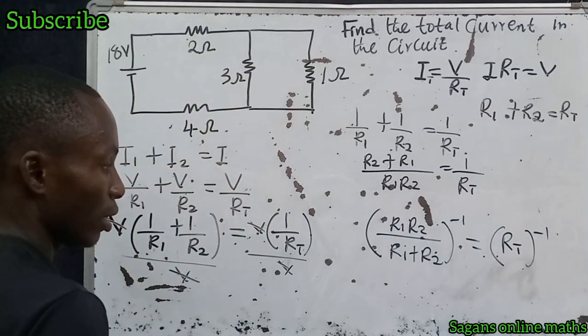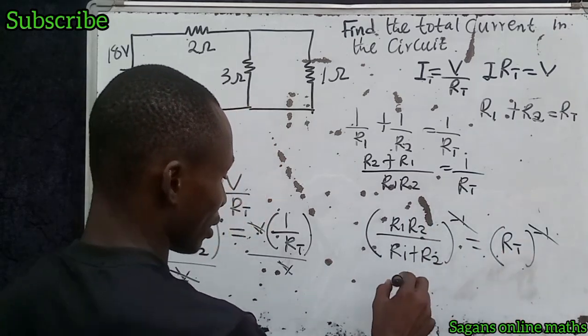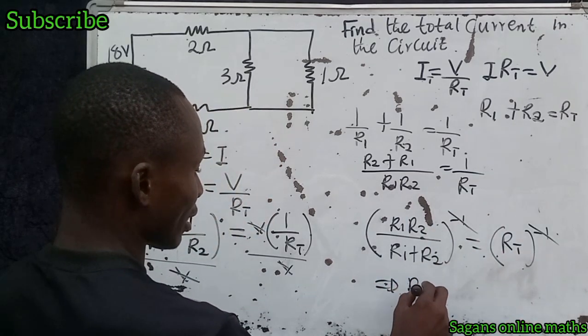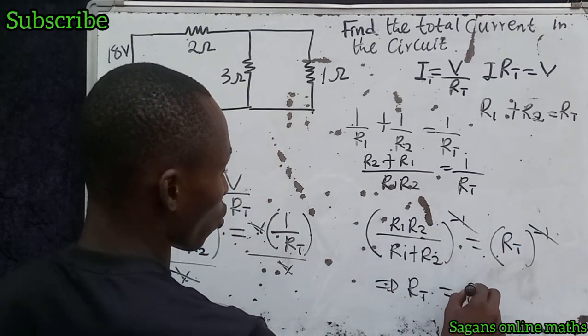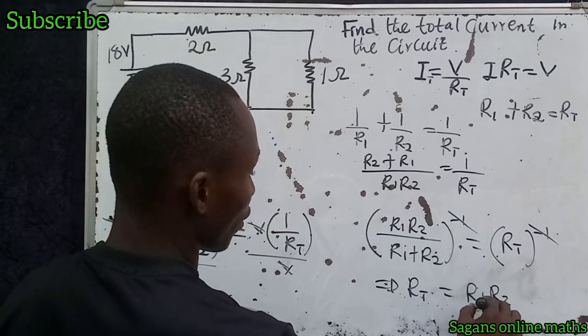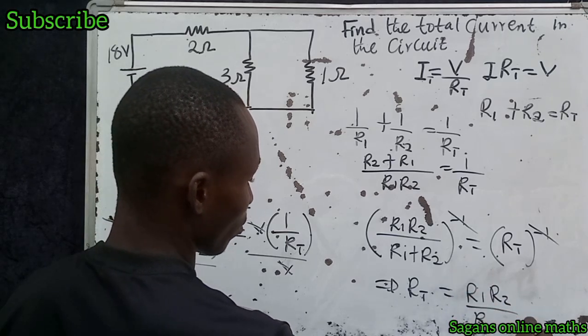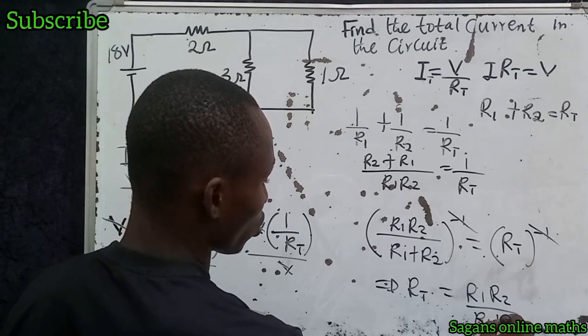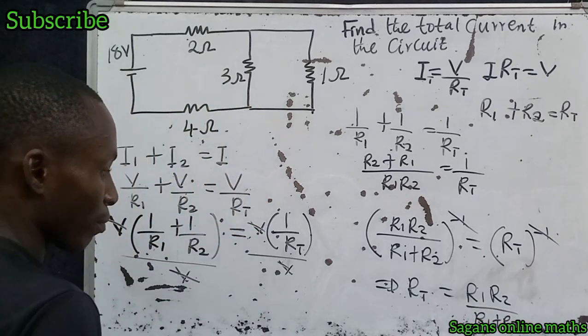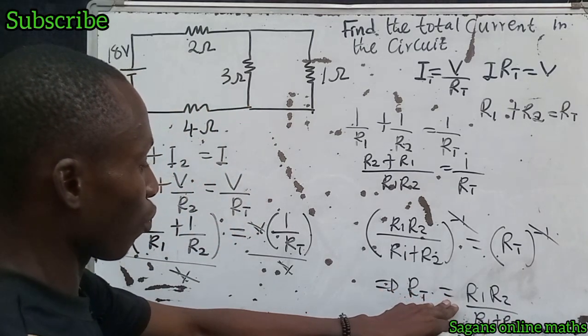Now this can cancel out this. We now see that total resistance in parallel is equal to R1 multiplied by R2 divided by R1 plus R2. Now this is the formula of parallel resistance.